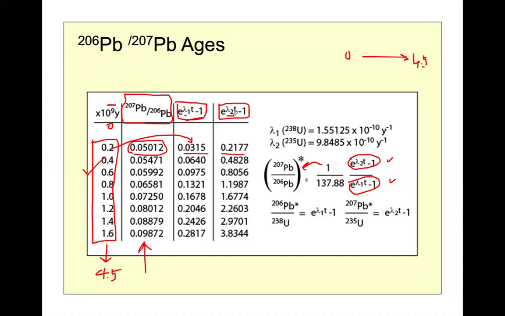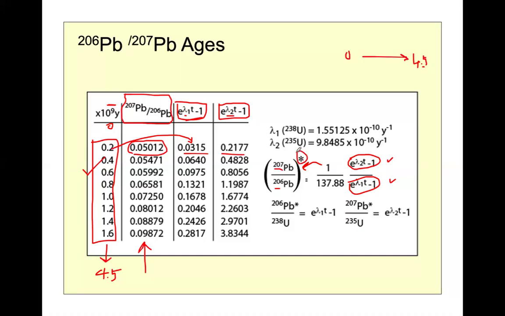Each isotope system, uranium 235 and 238, will be represented in these two. So what you get here is the 207 ratio and 206 ratio, which is the radiogenic component.